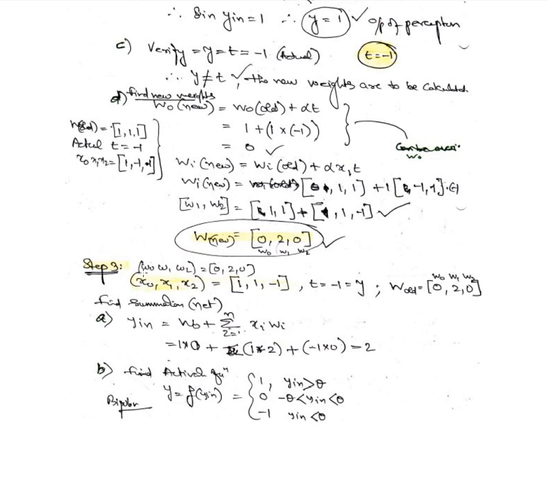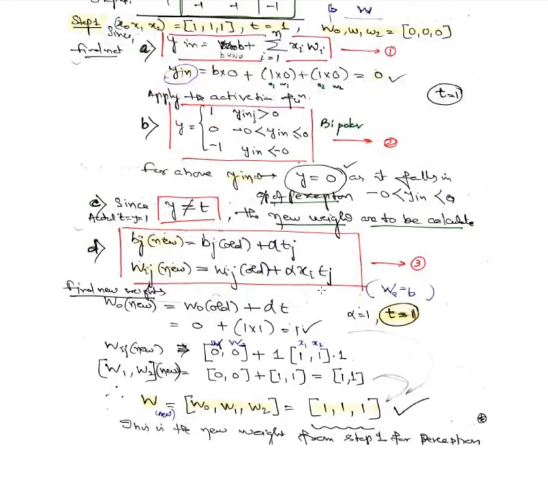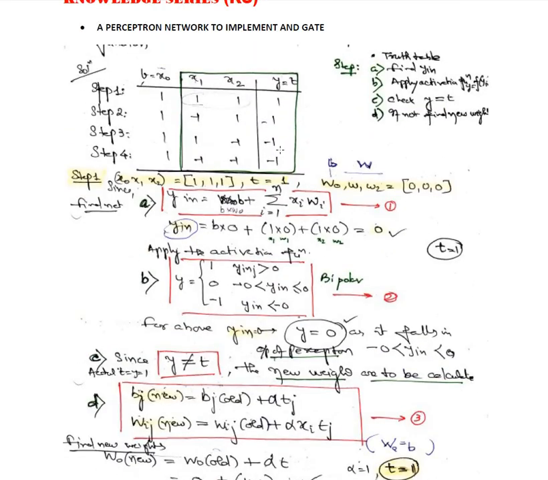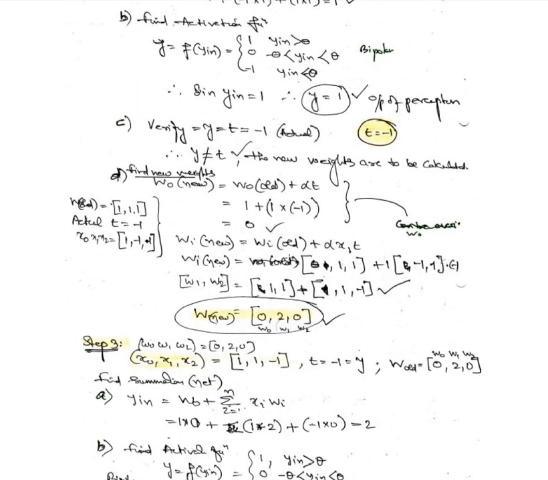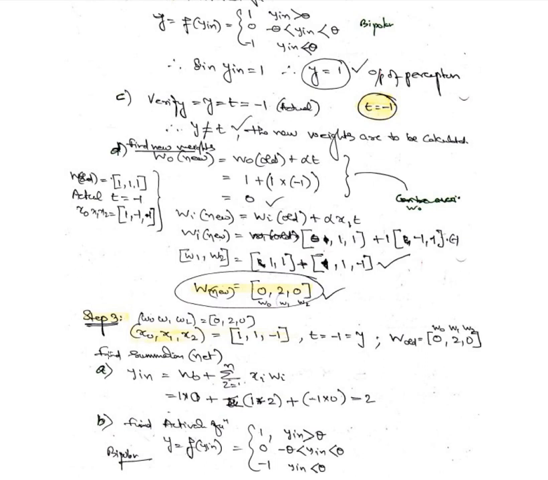In the third stage, what is x0, x1 and x2? That is 1, 1, -1. So what is our target? Target is -1. You can see over here -1. Now we are going for training. Here again we are going to find the sum, and we get it as 2.